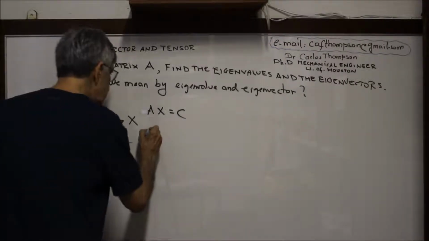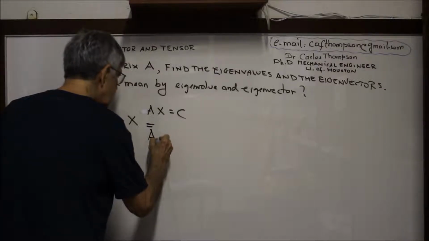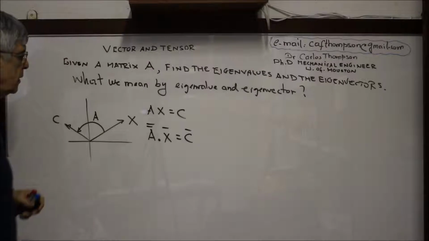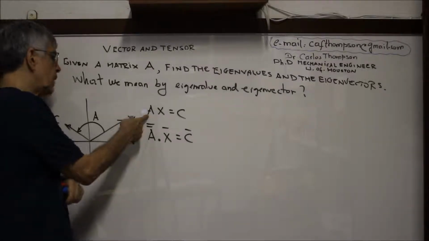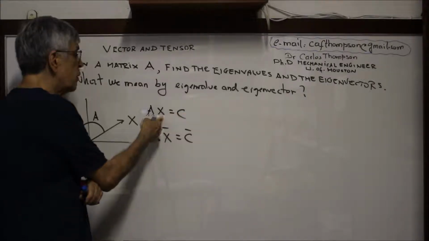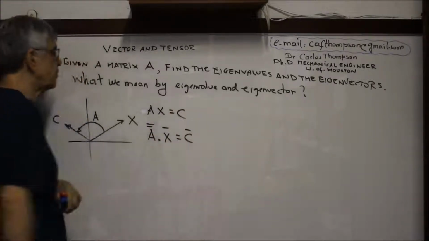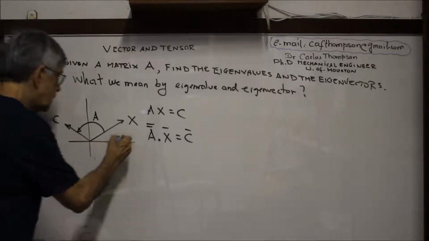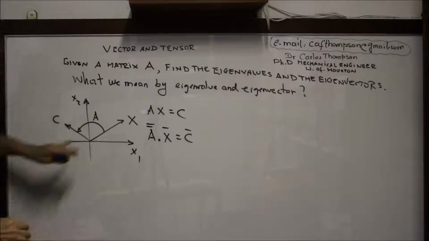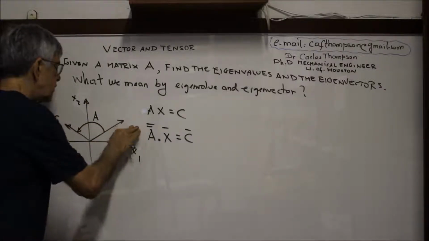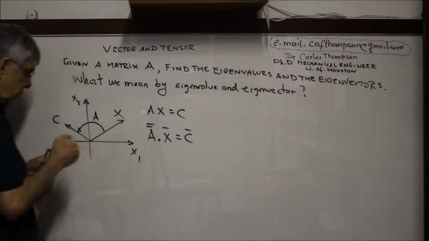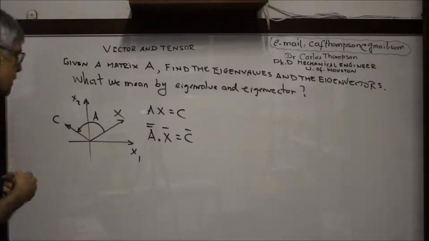Or if you use a second order tensor, you say A dot x is equal to vector c. Here we are working with the elements of A. These are the components of x and the components of c. This is x1 and x2. That's what an operator A does.